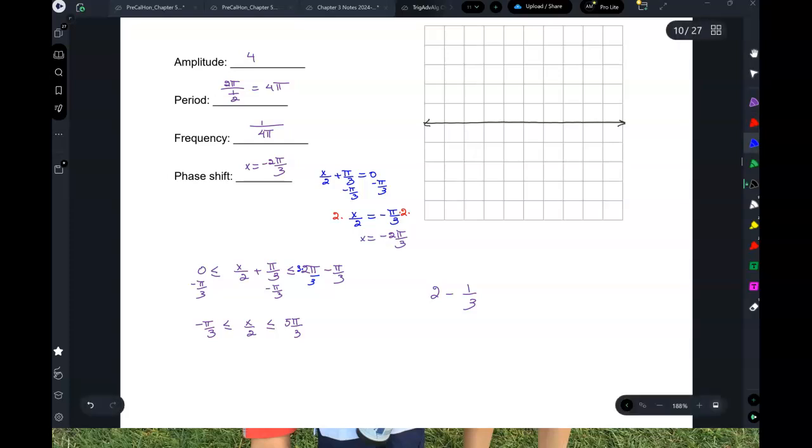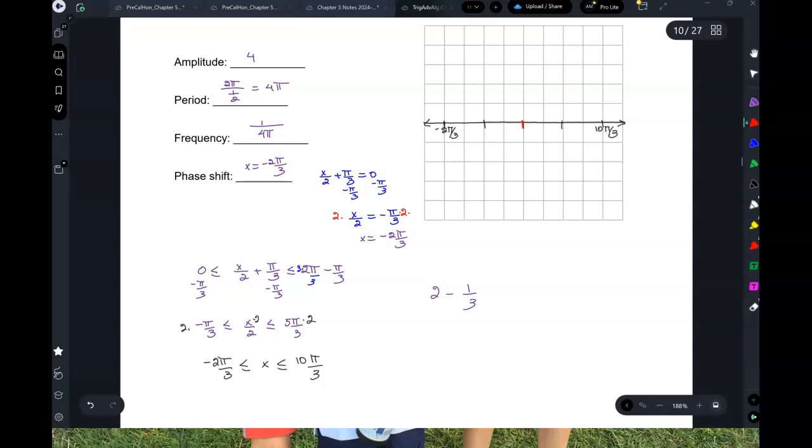Oh, times 2. So negative 2 pi over 3. Yeah, to what? 10 pi over 3. Ooh, love it. Okay. Negative 2 pi over 3. 1, 2, 3, 4, 10 pi over 3. Oh my God, I love it.